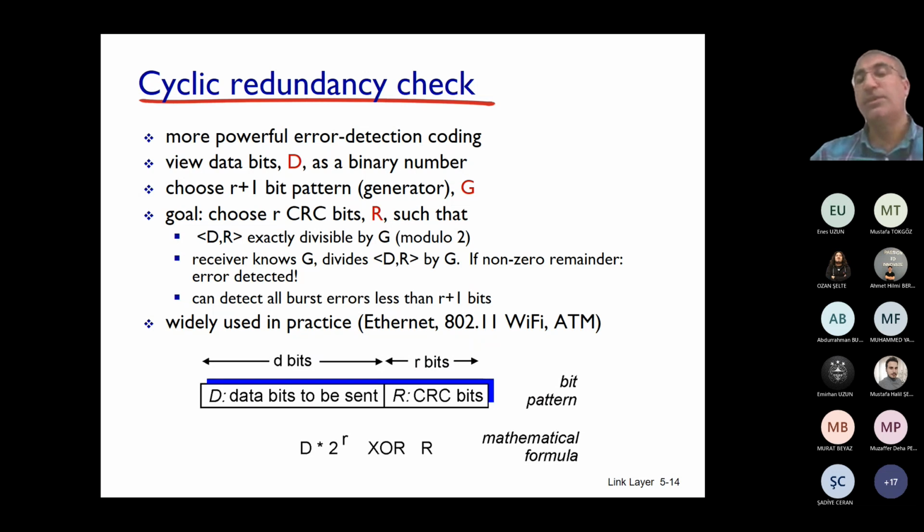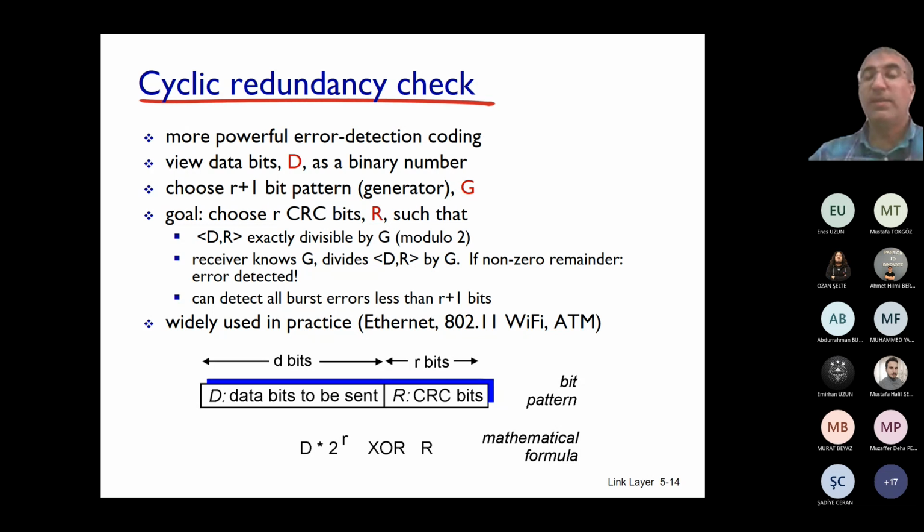So CRC, cyclic redundancy check, is another kind of error detection mechanism, and it's more powerful than other error detection coding, such as parity checking.